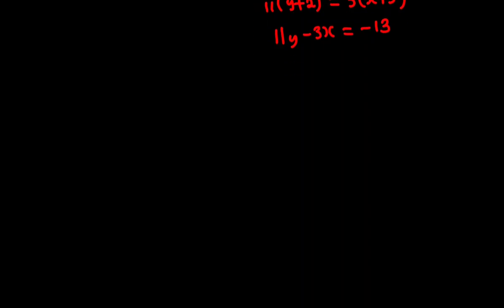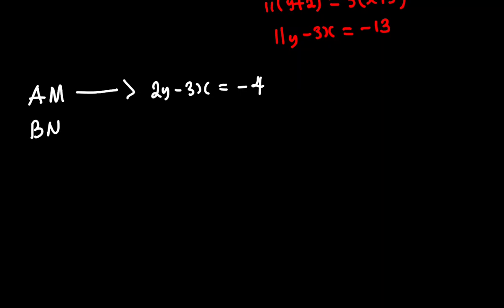In summary now, this is what we have. The equation of AM is 2y - 3x = -4. Then the equation of BN is 11y - 3x = -13.